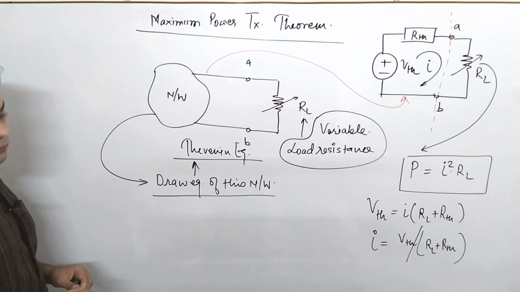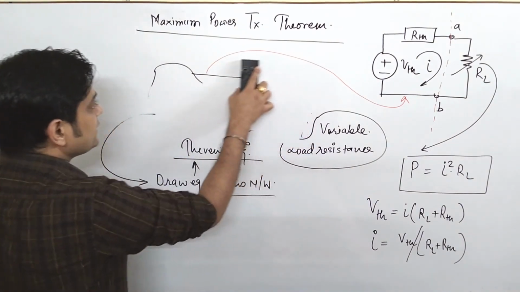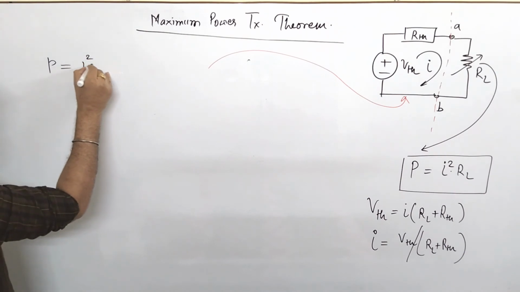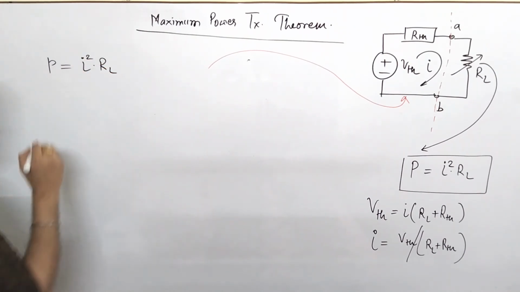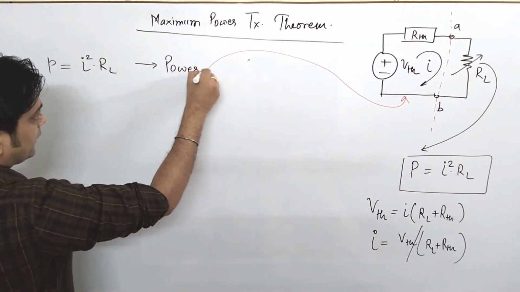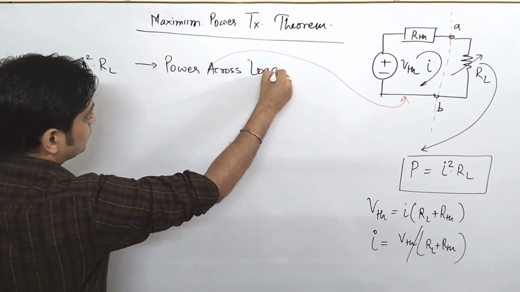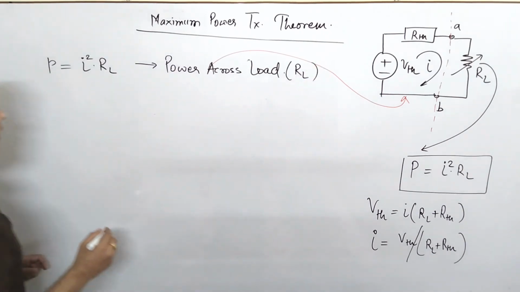So if I go for finding out the power for this network, the power formula, as I said, is I square into RL. This is the power across the load, very important, and your load is RL.